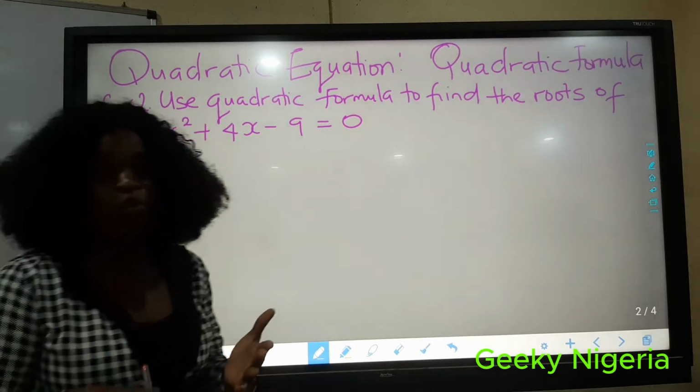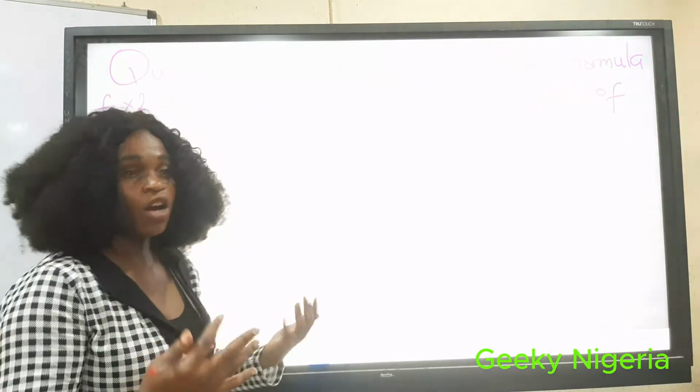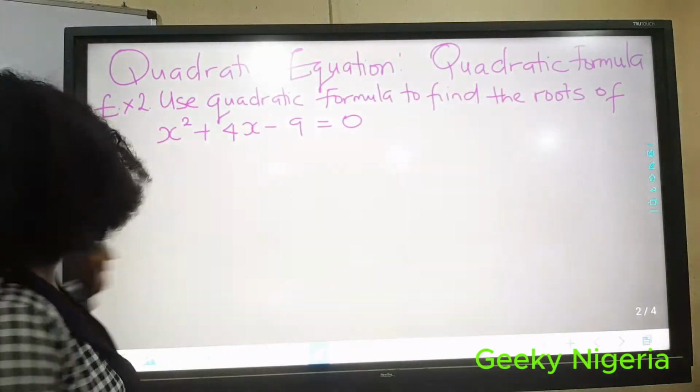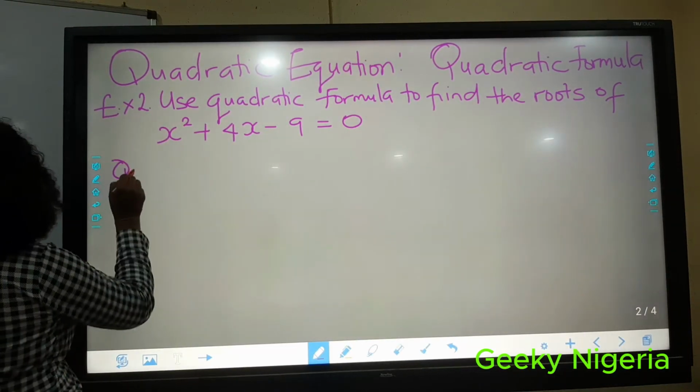First, like I said, always bring out your A, your B, and C. And also remember to write the quadratic formula because that's the method you're to use to solve this. So what's our quadratic formula?